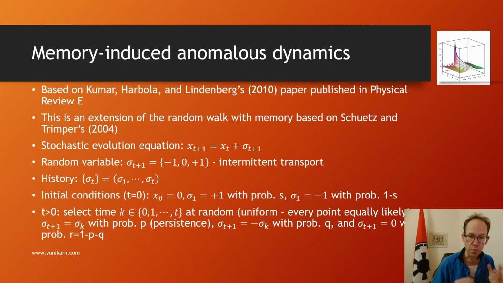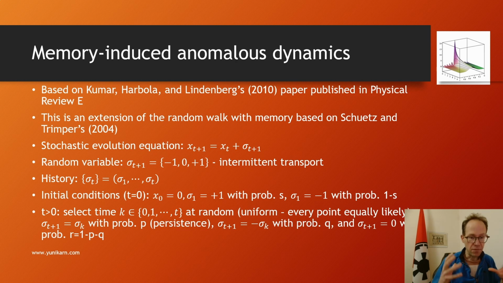Please watch the previous video first if you are new to these types of stochastic processes. The video refers to Kumar, Harbola and Lindenberg's 2010 model published in Physical Review E. This is an extension of the random walk with memory based on Schütz and Trimper's paper.